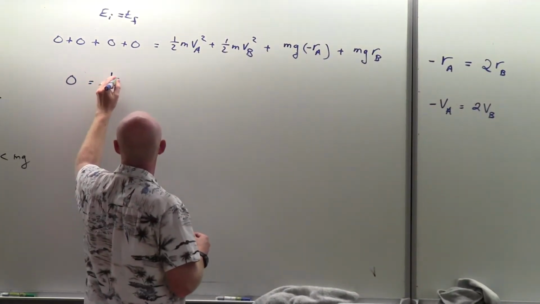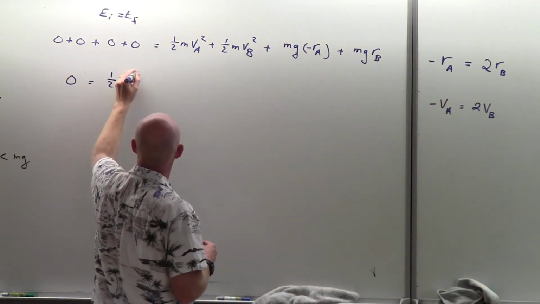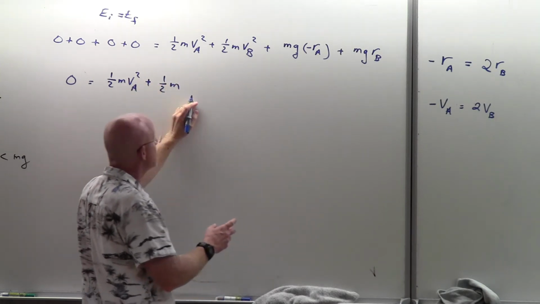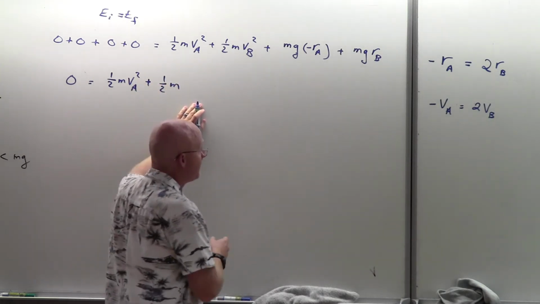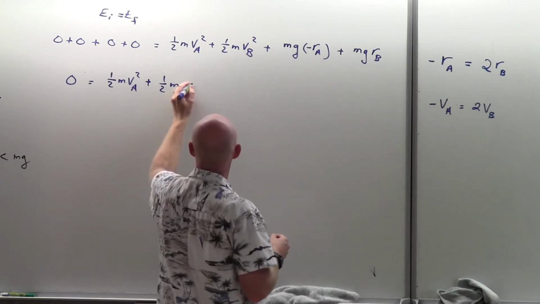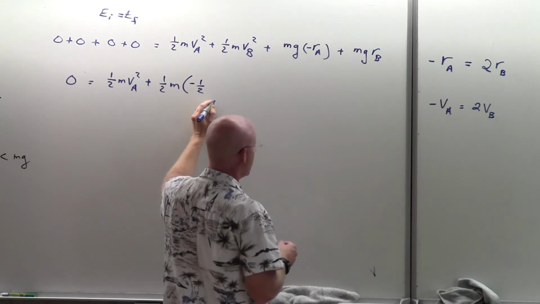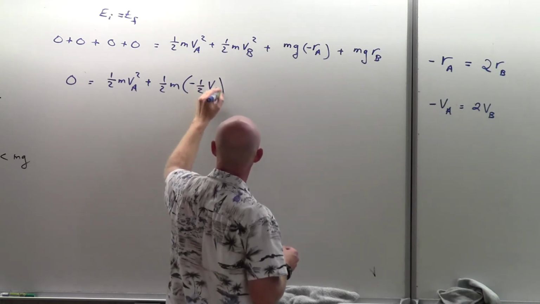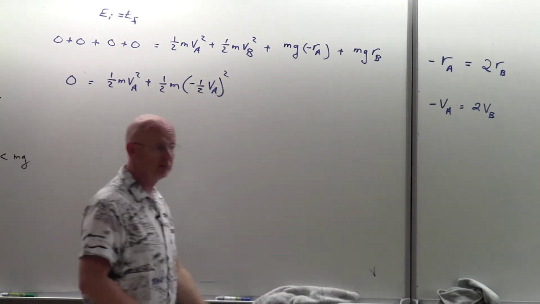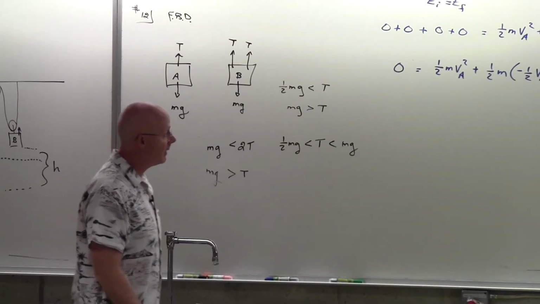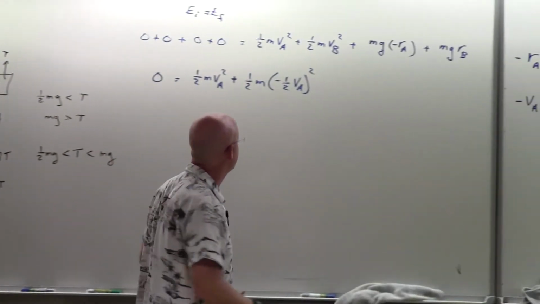So I would have 1/2 m v_A squared for the first one, and then 1/2 m, and in place of v_B, I would put a negative 1/2 v_A and square it. So I just do a direct substitution in there. And of course, then I have more math to do.